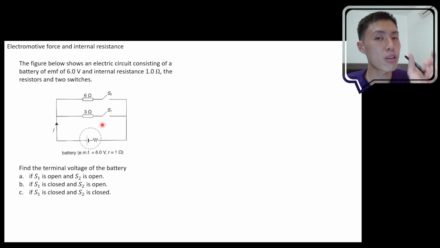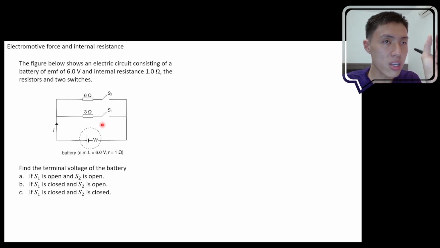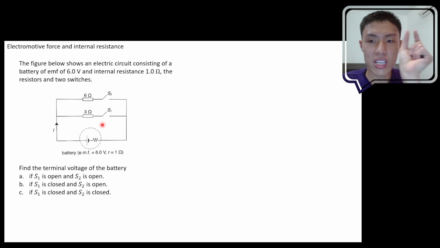Because the battery material poses a little bit of resistance, we assign a value called internal resistance to represent the battery material's resistance. It is not a specific component that we call a resistor. It's not a component that we install beside the battery. It is a side effect of the battery material itself.